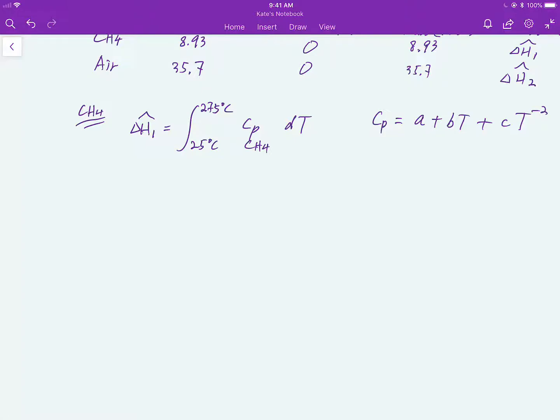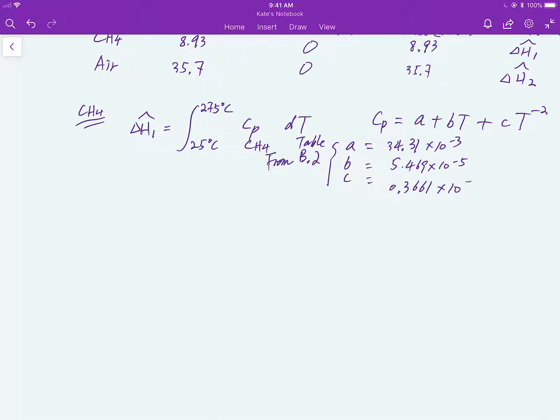And then simply look for the A, B, and C constants from table B2. Okay, now I have A, B, and C: times 10 to the negative 3, 5.469 times 10 to the negative 5, and 0.3661 times 10 to the negative 8.